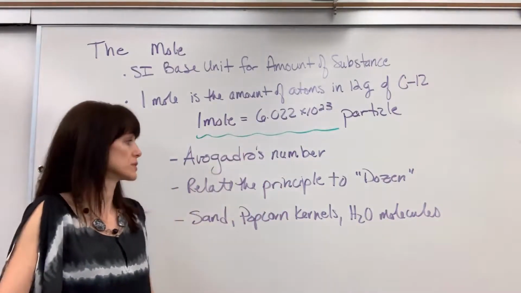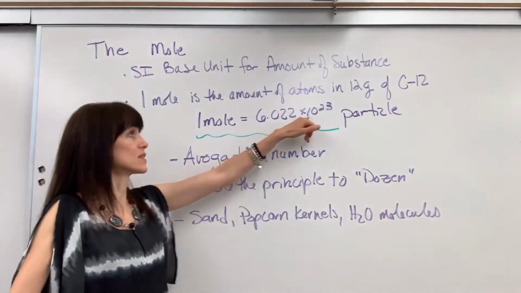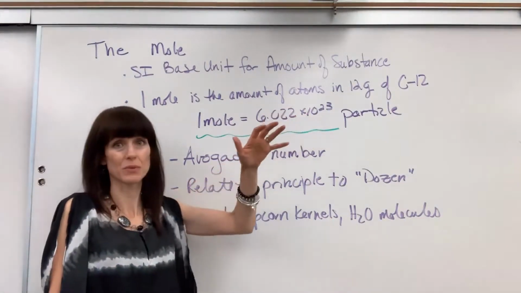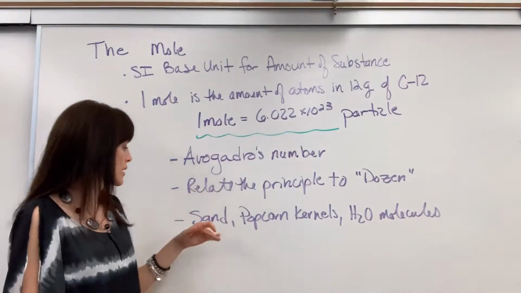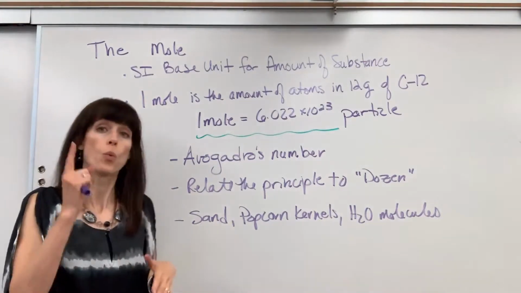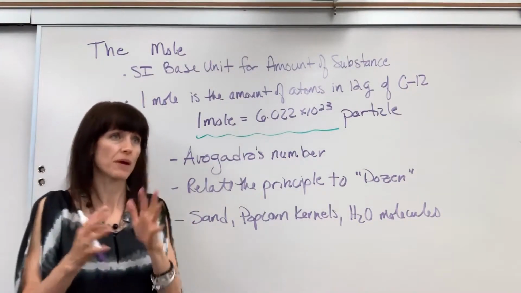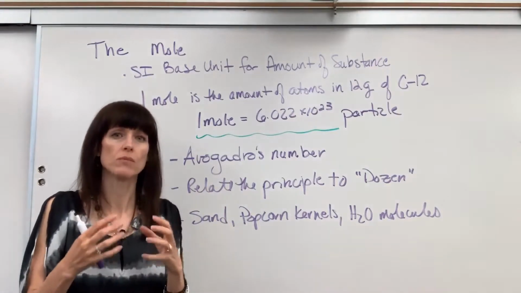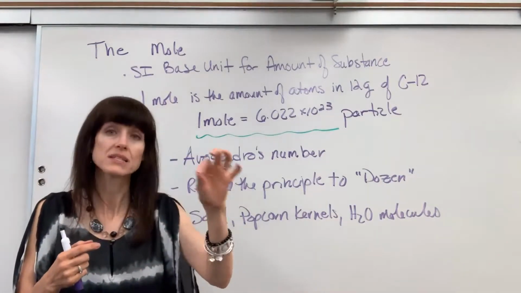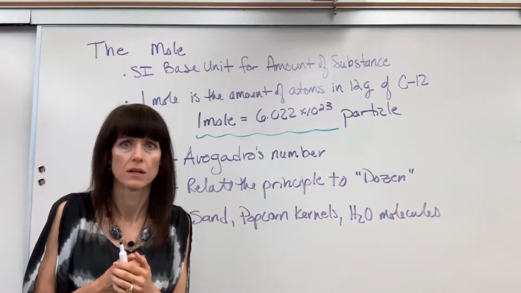So here's Avogadro's number. Now, I want to give you some examples of how large this is, because it's hard to wrap our brain around how big that number really is. If we look at planet Earth, we estimate that there's 1 mole of sand on planet Earth. So think about that for a second. If I say there's 1 mole of grains of sand on the Earth, how many grains of sand are there?